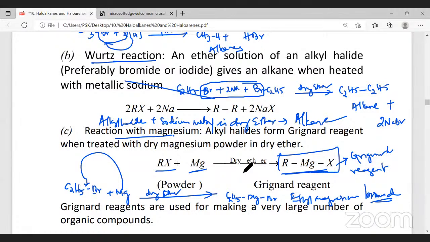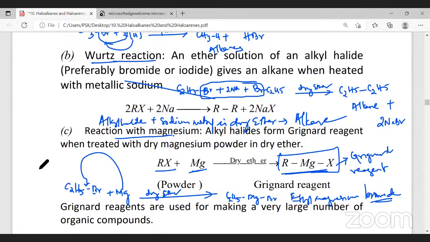What do you mean by that? Using RMgX, we can prepare alcohol, ether, aldehydes, ketones, carboxylic acids, or any organic compound. That is the advantage of Grignard reagent.